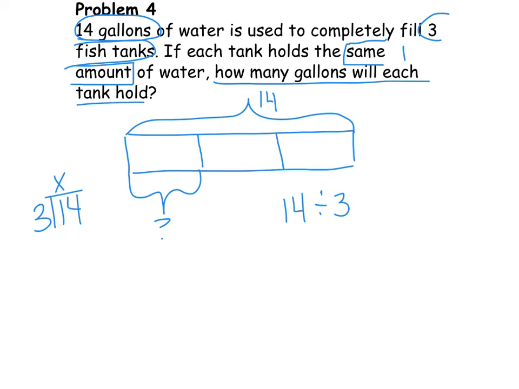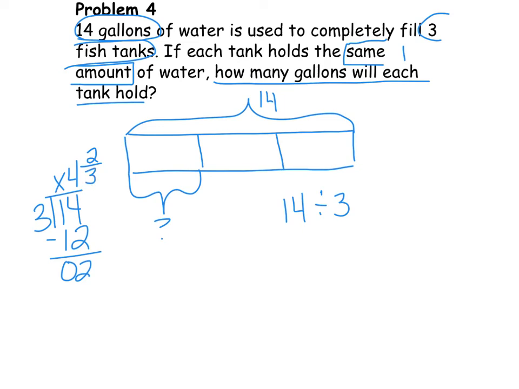Well, I know 4 does. 4 times 3 is 12. Subtract. 4 minus 2 is 2. 1 minus 1 is 0. So this is my new numerator. And my divisor is my denominator.